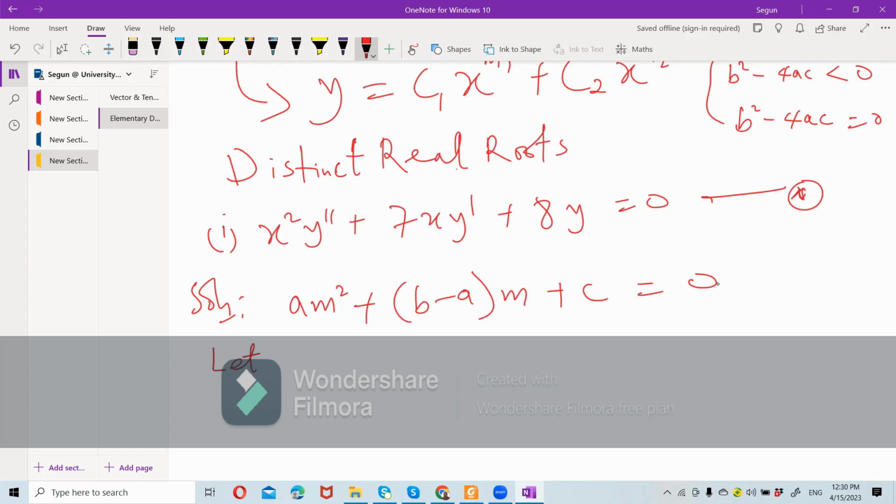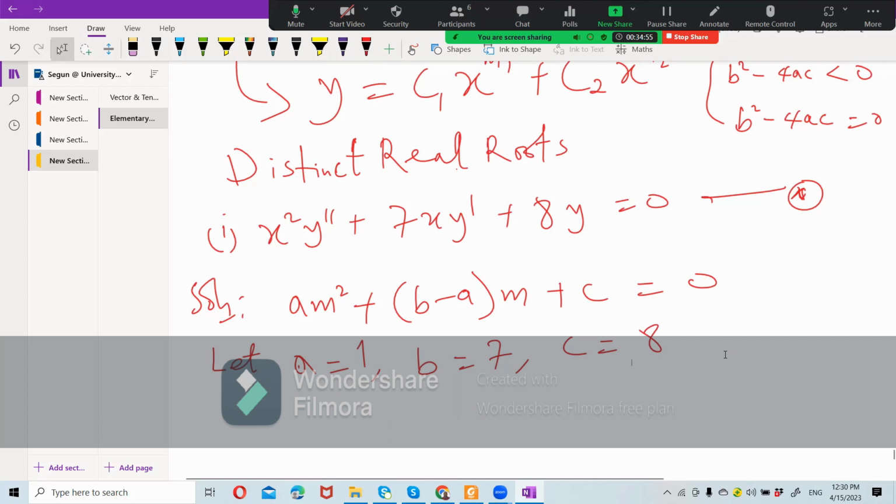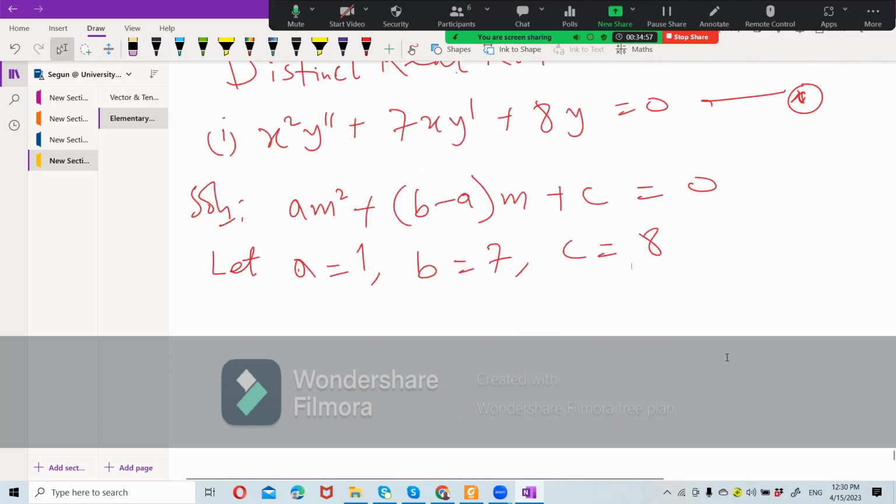What is A in my own case? A in my own case is what? It's 1. 1, thank you. What is B? B is 7. And C is equals to what? C is 8. Good.